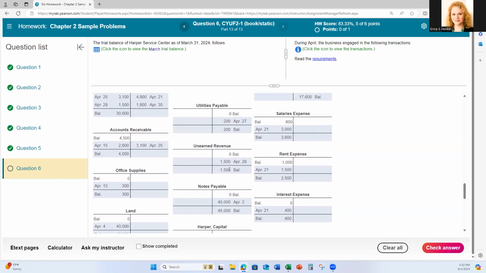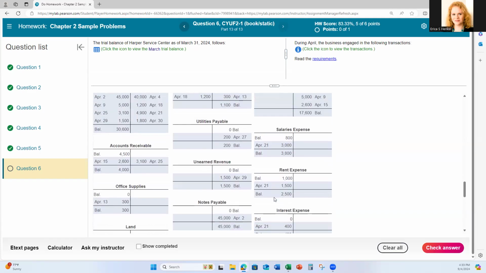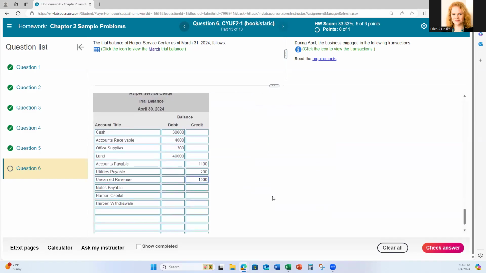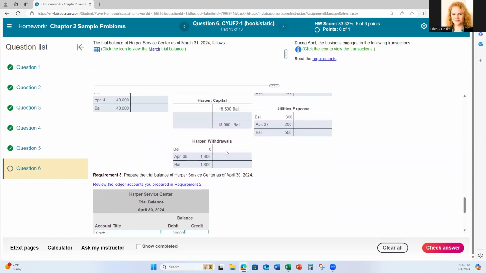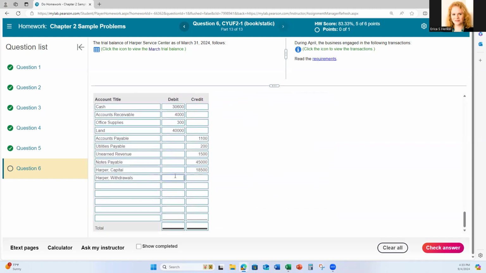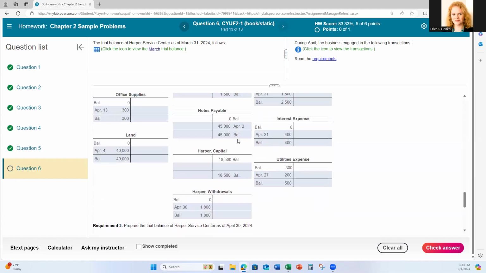So 1,100, 200, 1,500. And then 45,000, 18,500. And then 1,800. Okay. So this is a debit, it's on the left, so it goes in the debit column. If the ending balance is on the right, it goes in the credit column.